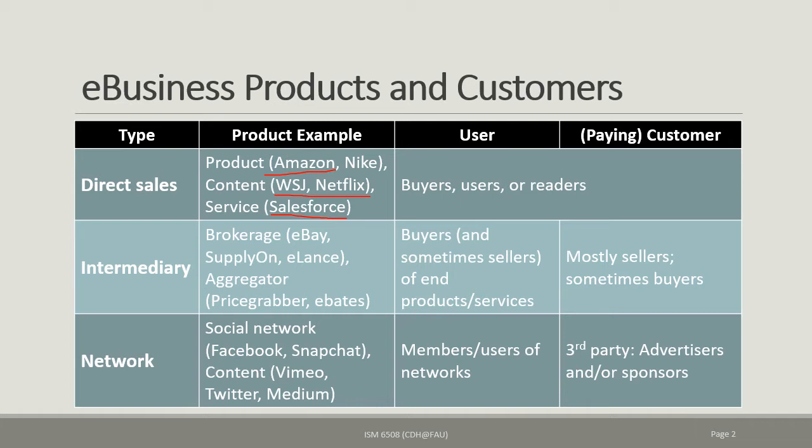But in other cases, the user and the customer may not be the same. Some of the e-businesses or mobile apps are intermediaries, such that they can provide a brokerage service, an exchange, or an aggregator, and in those cases, the users a lot of times are the buyers.